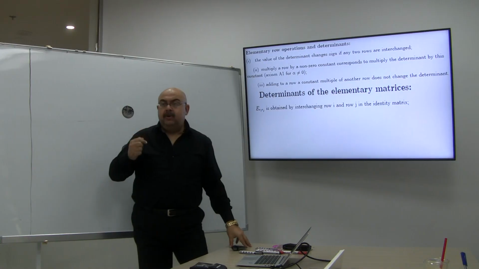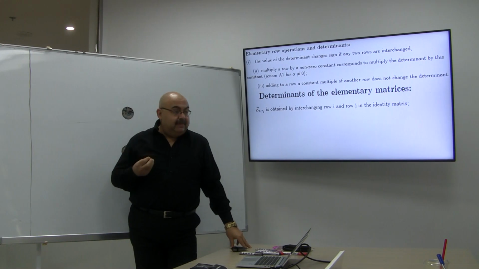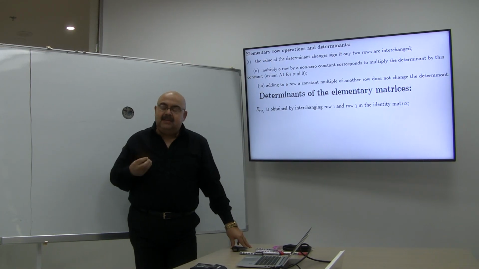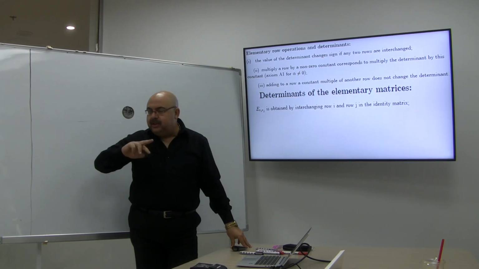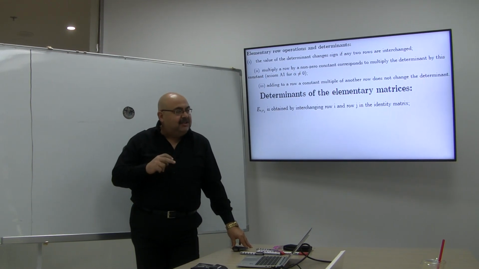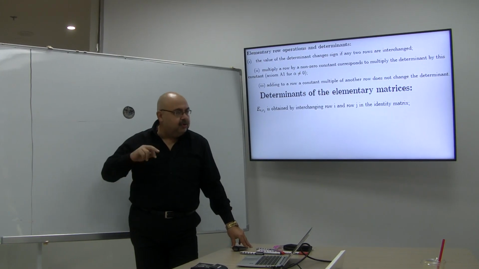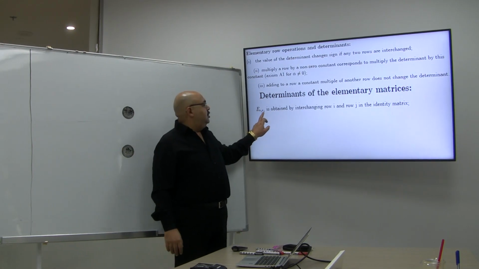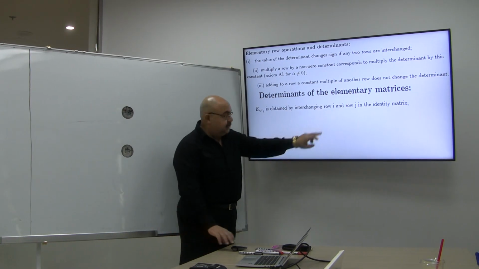Determinants of elementary matrices. First of all, I want you to remember, what's an elementary matrix? The elementary matrix is a unit matrix. You do one of the operations on it, and once you multiply this elementary matrix by any matrix, it will do the row operations. They call it elementary matrices due to the three operations, which are switching rows, multiplying by a number, and so on. Okay, so E Ri Rj is obtained by interchanging row i and row j in a unit matrix.